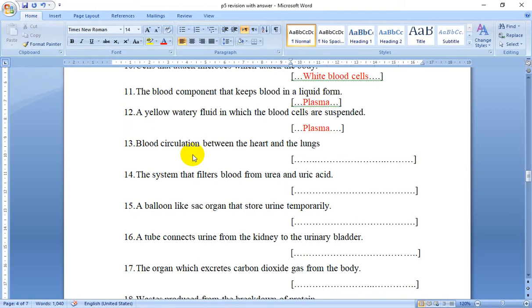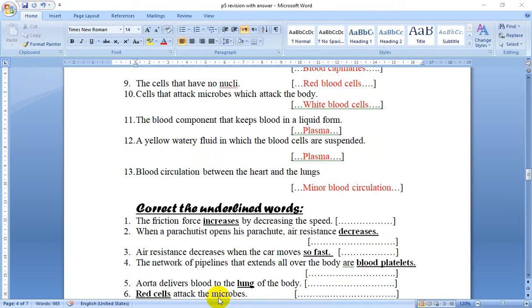This is the small one, because the other one, major or systemic blood circulation, is between heart and all body parts. So a blood circulation between heart and the lungs, the small one, is minor blood circulation.